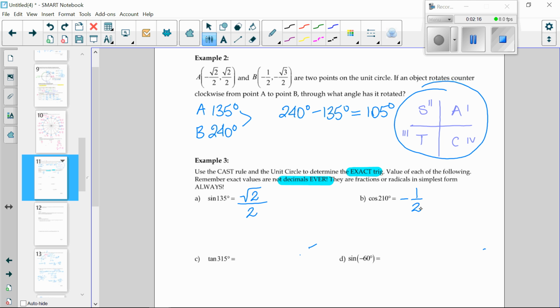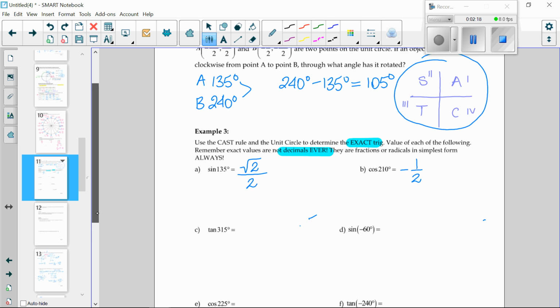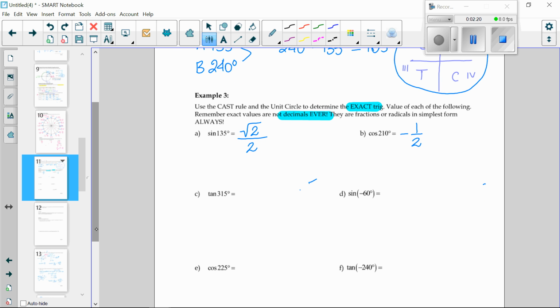Tan 315. So find 315 degrees. Remember how your coordinates are written as cos and sine. And tan, remember, is y over x, or in our case, sine theta over cos theta.